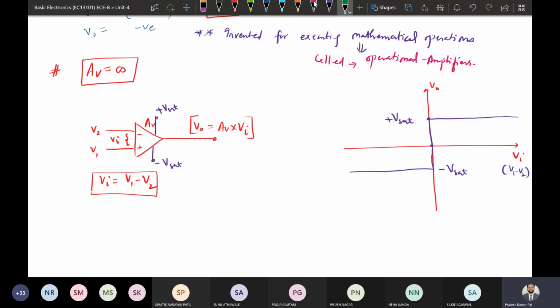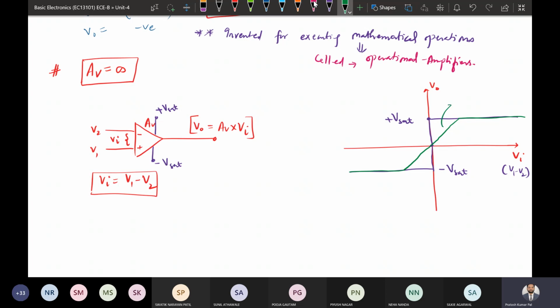Once the input switches to 0 or greater than 0, the output will not suddenly reach plus V sat, but it takes some time to reach. So this will be the curve for practical. Practical will be superimposing this, but it initially takes some time to increase to plus V sat. Similarly, on the negative side, it takes some time to reach minus V sat, and then it remains constant at minus V sat.